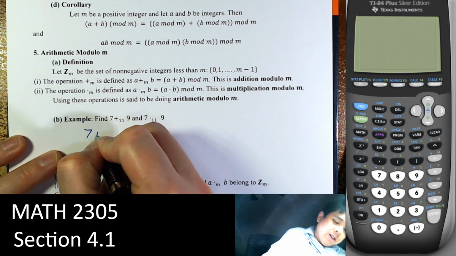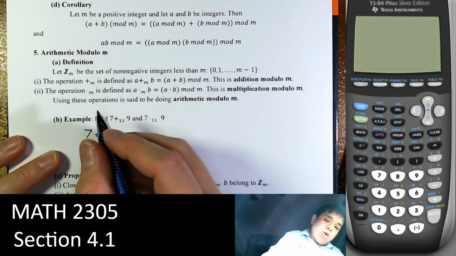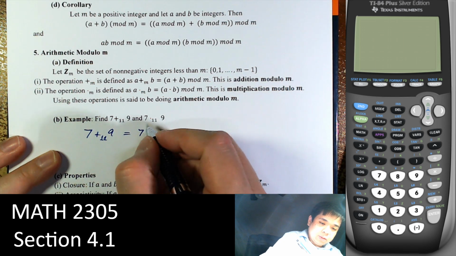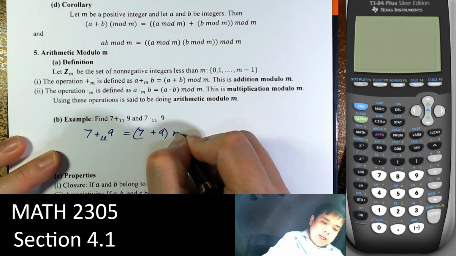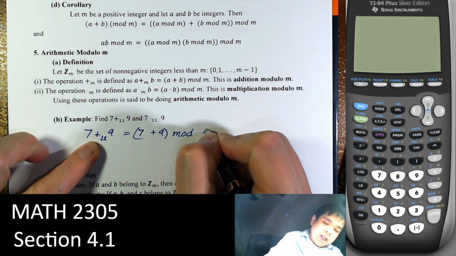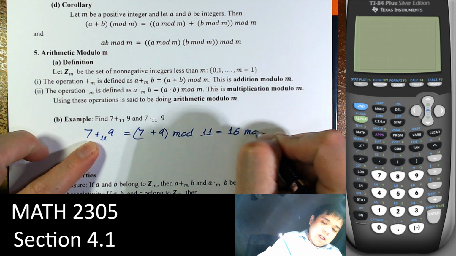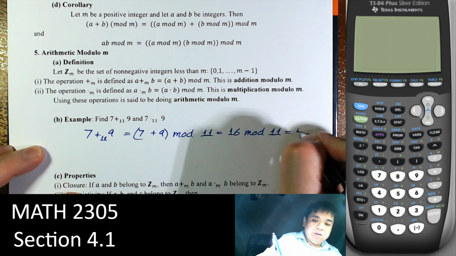Let's just do this. What is 7 plus 9 in Z_11? We're going to add them and then mod 11, so that is 16 mod 11. When we divide 16 by 11, the remainder is 5.